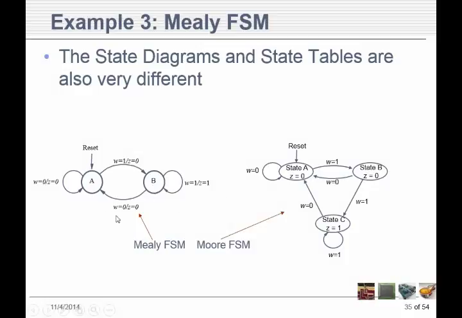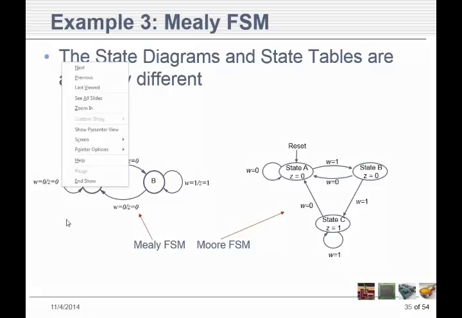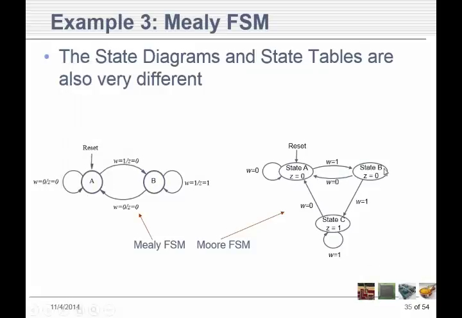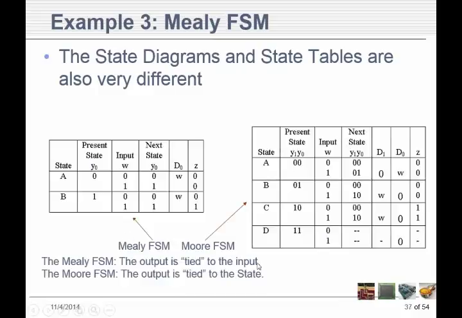But here, if W went low again, then Z would have to go low. And over here, we would stay in A if W was 0, and that would keep Z low. Okay, so it's the same. It looks a little different just because our output's associated with transitions instead of with states. So it does become a simpler machine.